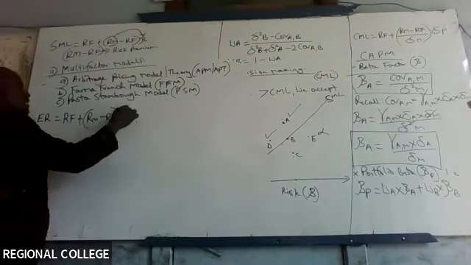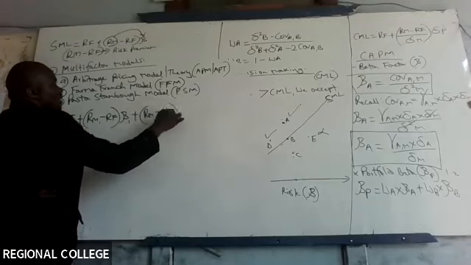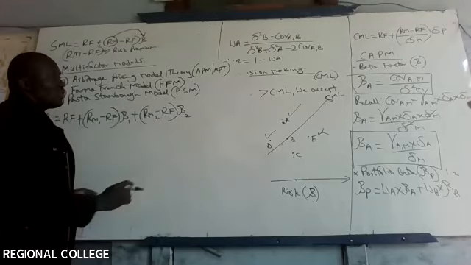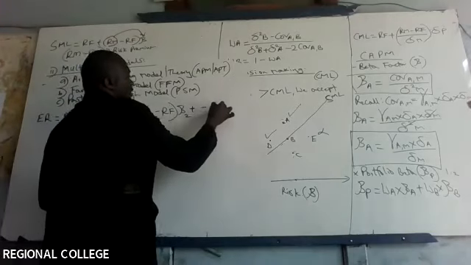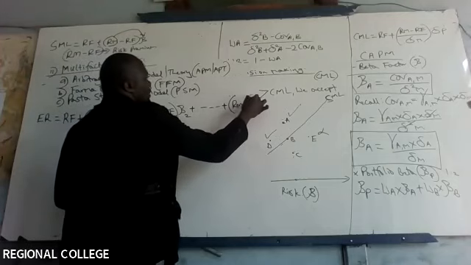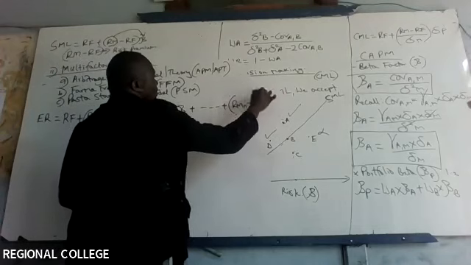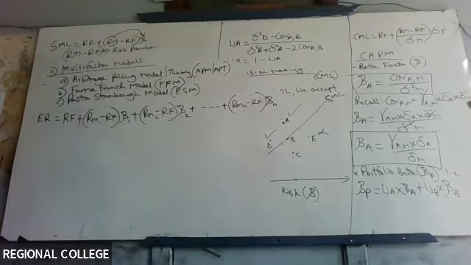We add other factors: plus (RM2 minus RF) times the beta of the second component. They can even be as much as 10. So plus, and so on, up to (RMN minus RF) times the beta of the nth component. It's simply an extension of CAPM.